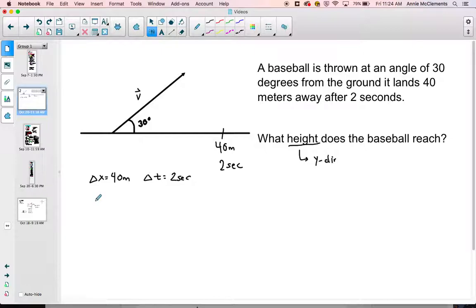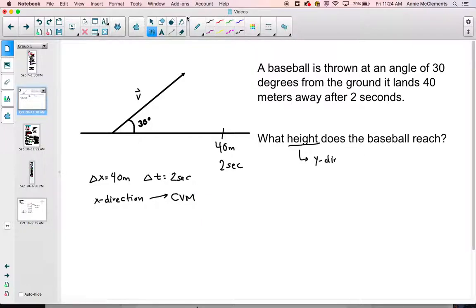And we know from class that motion in the x direction, the x component of this vector, follows the constant velocity model, CVM.